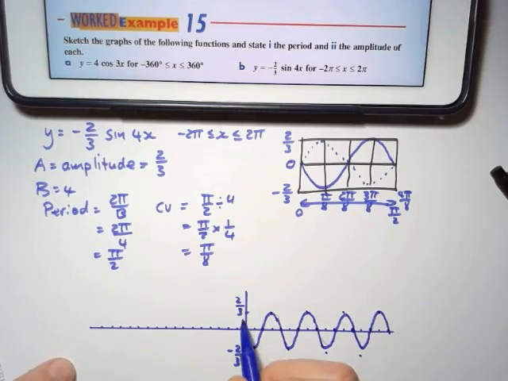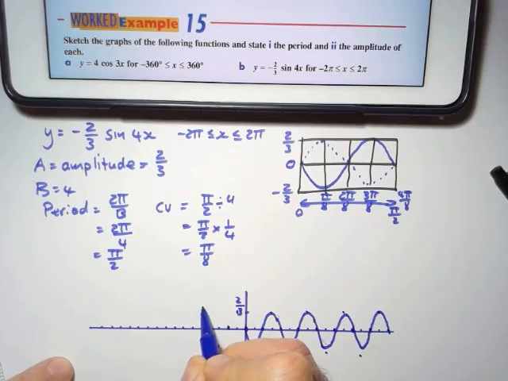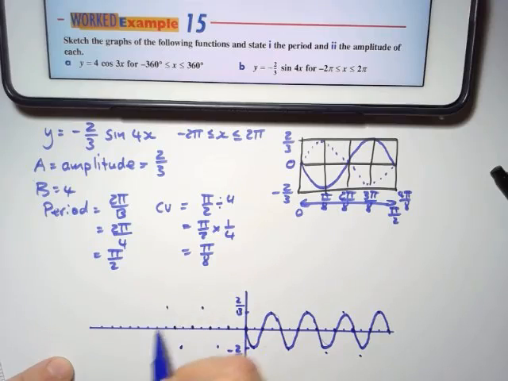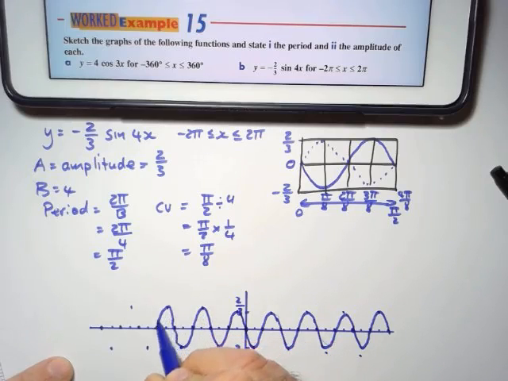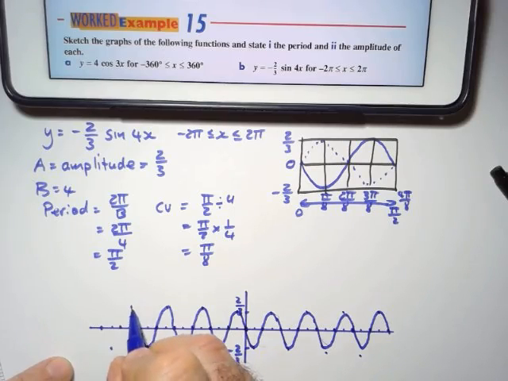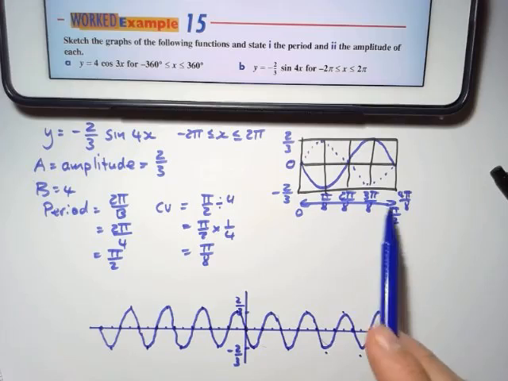I'm going to do exactly the same in the opposite direction, and it's going to turn and intercept and turn and intercept, and finish. It's going to go up and down, up and down, up and down, up and down. And there's the graph.